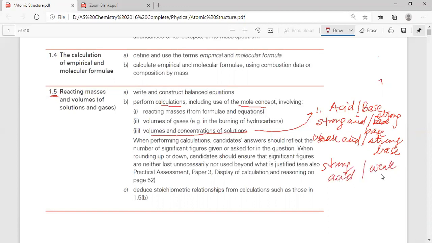The weak base can be sodium carbonate or sodium hydrogen carbonate. Let's go straight ahead with the past questions and see how these things are asked.